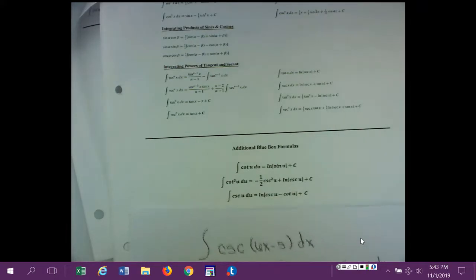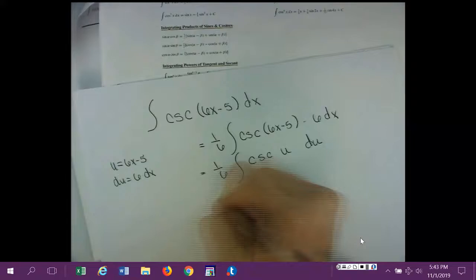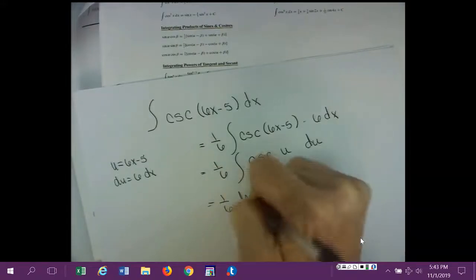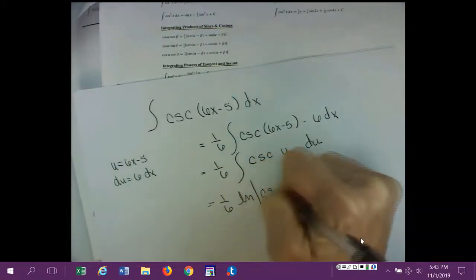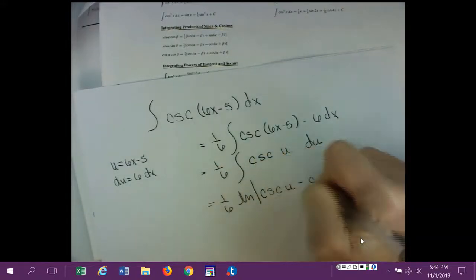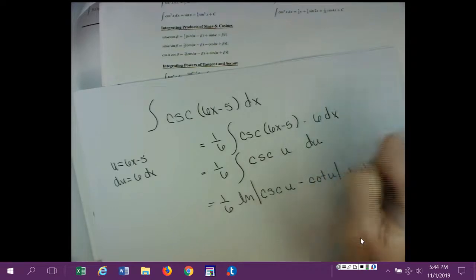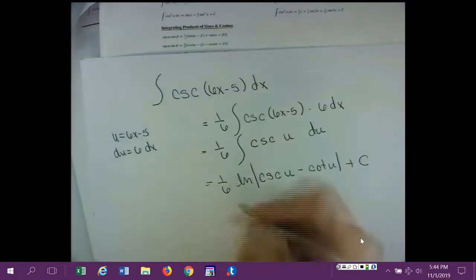So according to my blue box special, this is going to be 1 over 6 natural log absolute value of cosecant u minus cotangent u plus c. Again, there's the blue box. Then I have to go back to x.